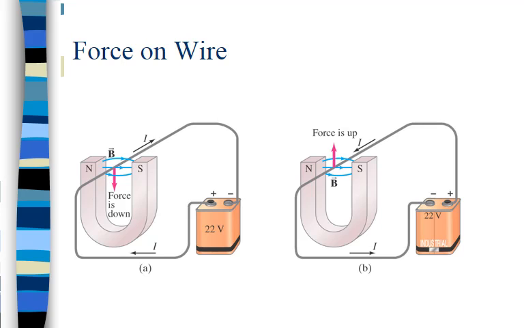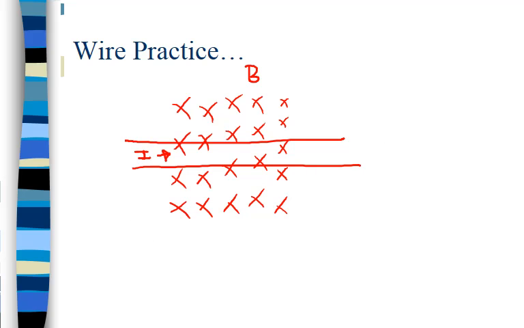Your middle finger is going from north to south, and you'll see that your thumb is pointing down. If you orient your hand on the one on the right, you're going to be pointing basically at yourself. The current is pointing at you, your middle finger is going from left to right, and your thumb is going to be pointing up. Just like we had with the first right-hand rule with a single positive charge, now we're looking at conventional current, the flow of positive charge going through, and we can find out the force.